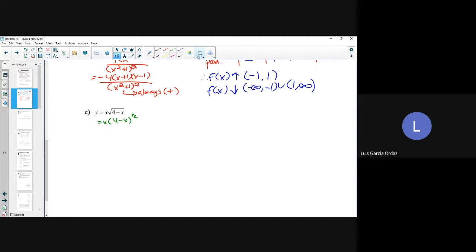So I'm going to get y prime is equal to 1 times 4 minus x to the 1 half plus 1 half times 4 minus x to the negative 1 half times negative 1 multiplied by x. And this gives me 4 minus x to the 1 half minus 1/2 times 4 minus x.